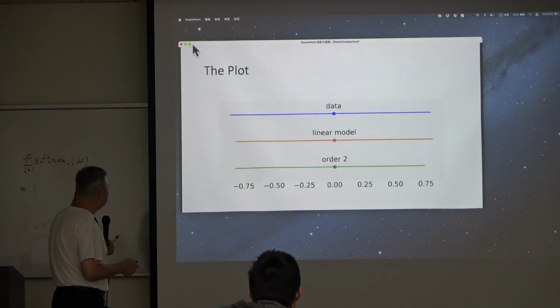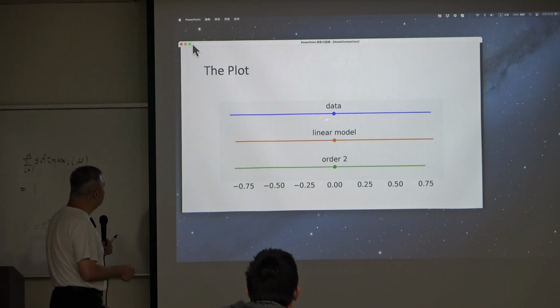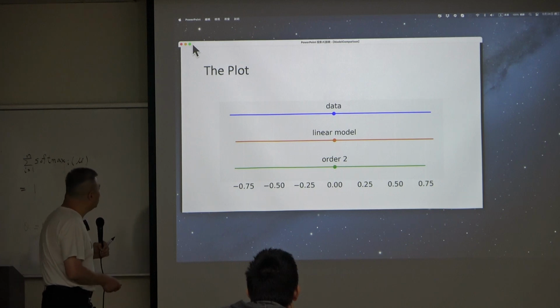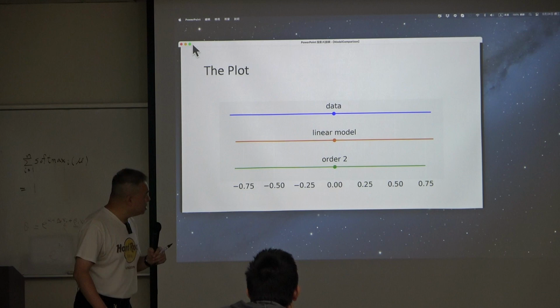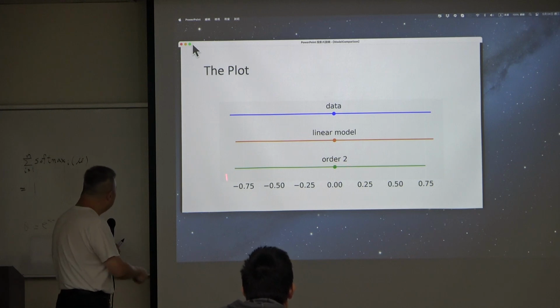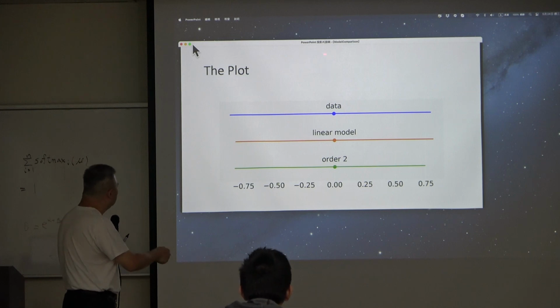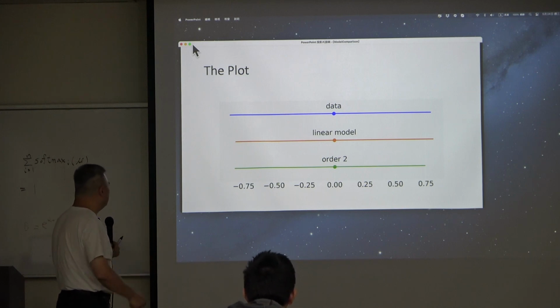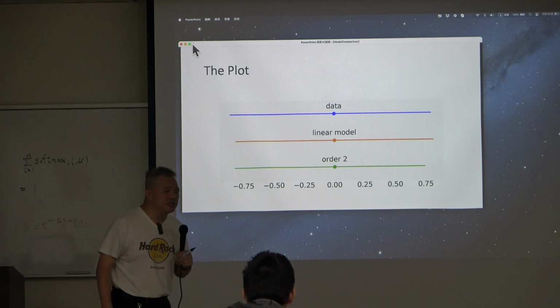But if you try to look at the results of the model, for example, this one basically means the interquartile result of the real data set as well as the linear model and the model of order 2, the polynomial model, and you will see that, I mean the average, the interquartile, they are not much different either.